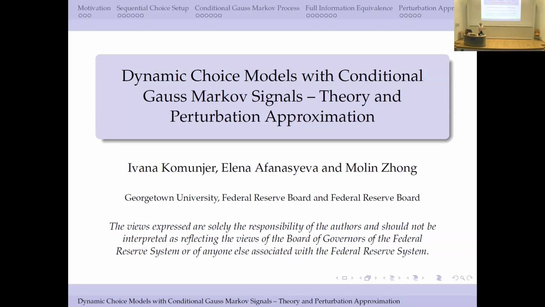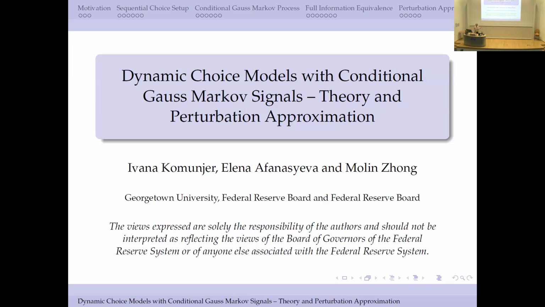So what is this talk going to be about? It's going to be about dynamic choice models. Our motivation is going to come mainly from empirical macro. So think about dynamic stochastic general equilibrium models. And in those models, we're going to work with a specific type of signal structure.